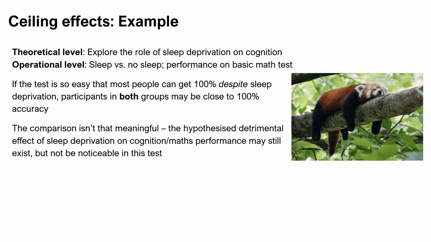So if you were using this too easy measure, that would mean that the comparison isn't really that meaningful, because the hypothesized detrimental effect of sleep deprivation on cognition or maths performance could still exist, but it would just not be noticeable in this test.